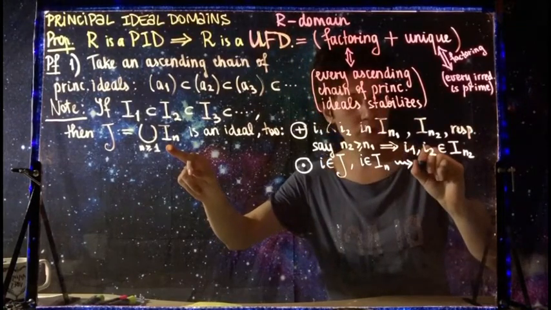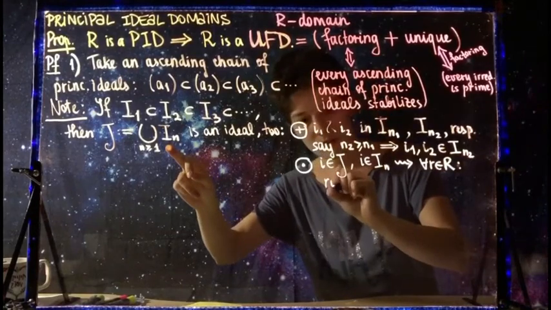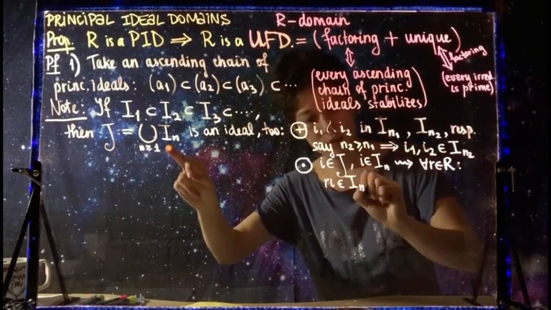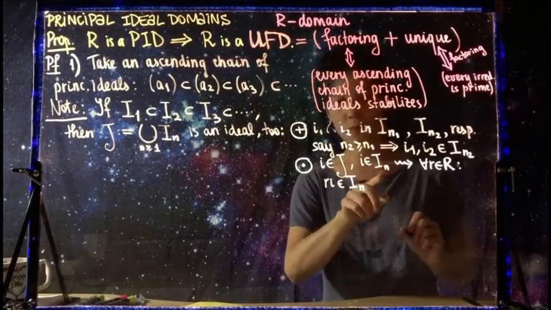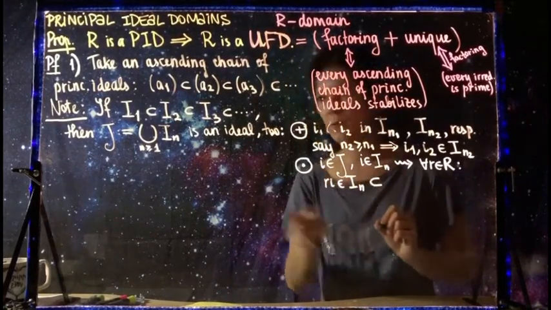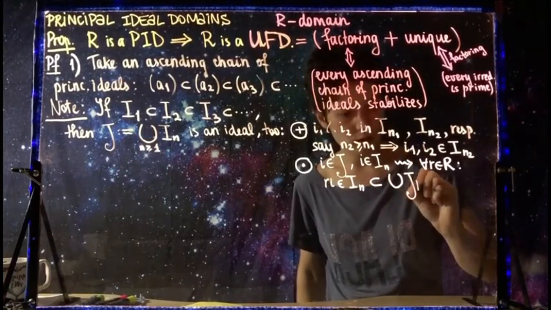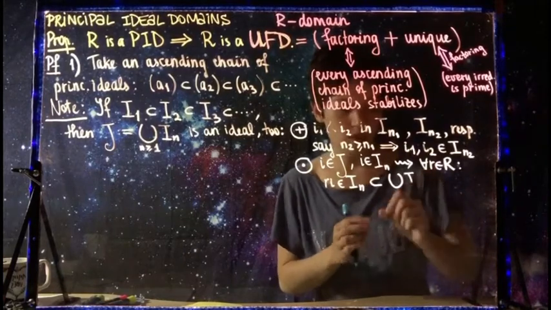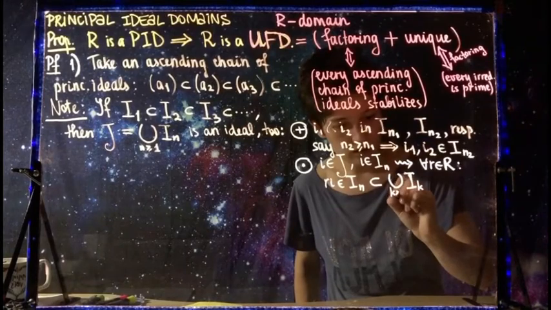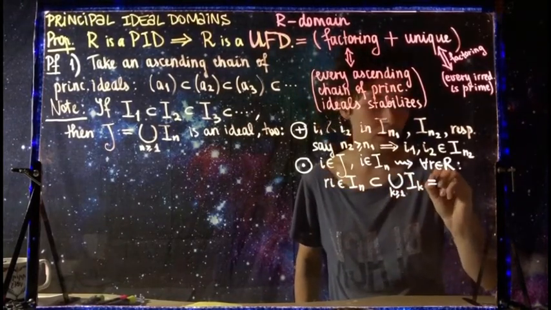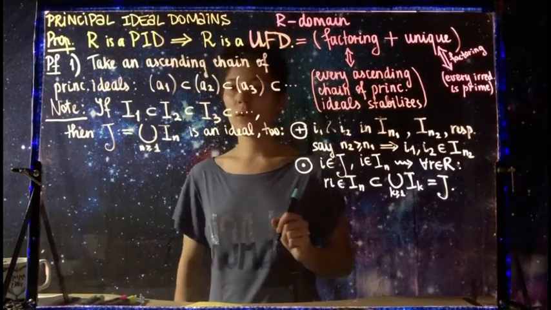And then for any r, r times i belongs to I_N by the definition of ideal for I_N, and therefore it belongs to J. And so we proved that J is an ideal.